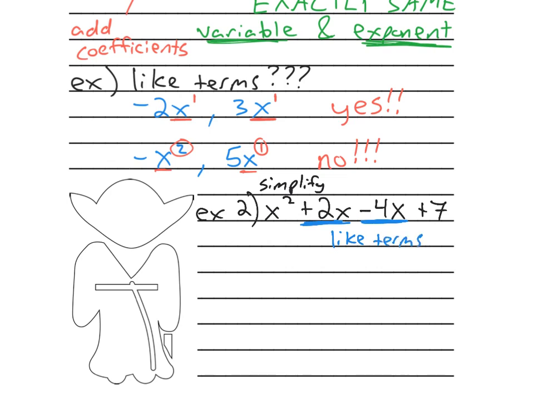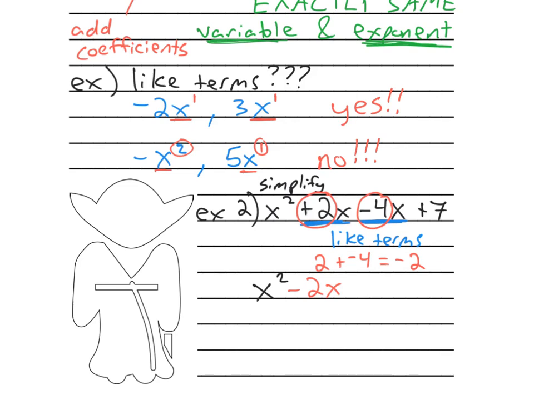Okay, and so what we can do with those like terms, we could add those coefficients together. 2 plus negative 4 to get a new coefficient of negative 2. So when I go to simplify, I'm going to combine those front numbers. Nothing goes with x squared though. But now my x term is no longer two different things. It's one. It's negative 2x.